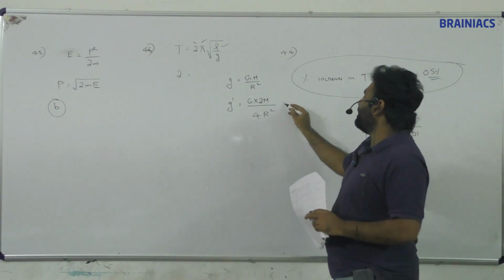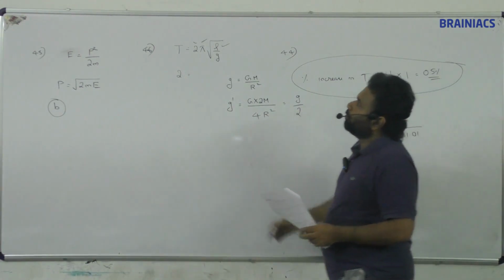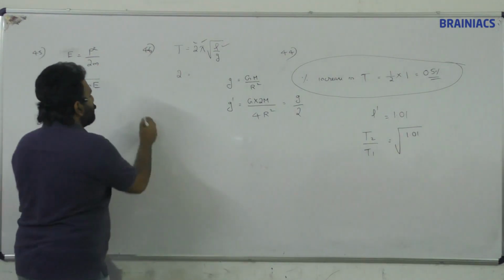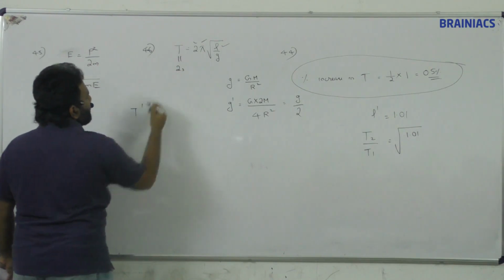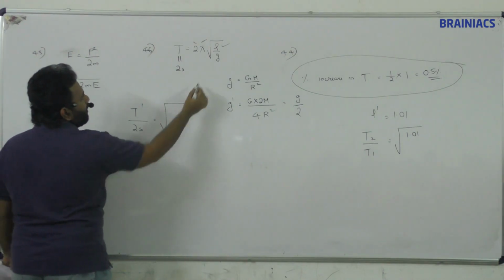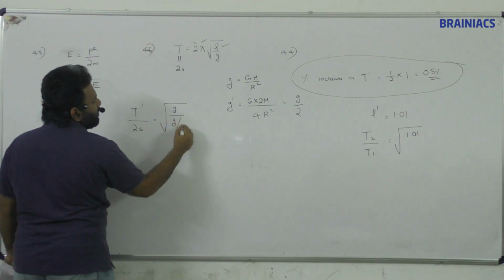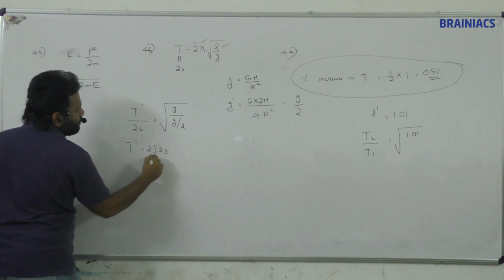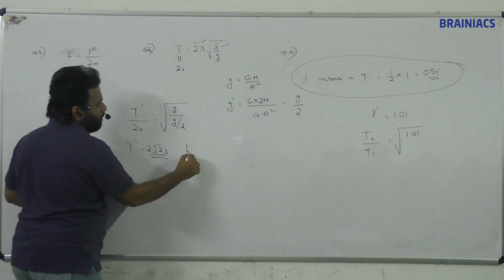So we will be getting this as g by 2. So what will be the answer? T dash by 2 seconds is equal to root of g divided by g by 2. So T dash is going to be 2 root 2. Option B.